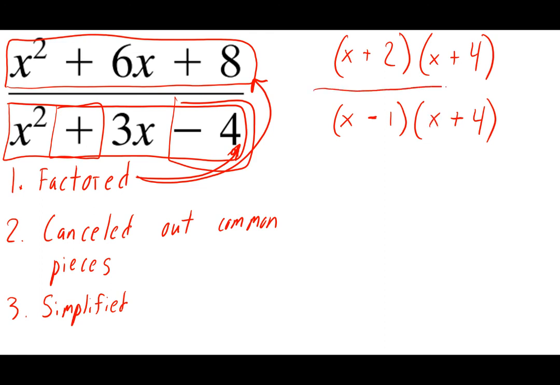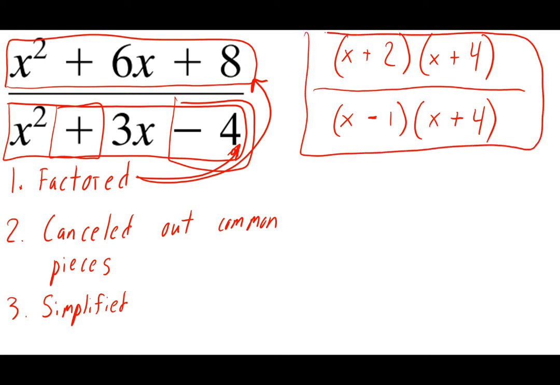And then we draw a line to signify the fraction bar. So this right here is this factored out. So that's step one. You factor out the numerator, you then factor out the denominator.